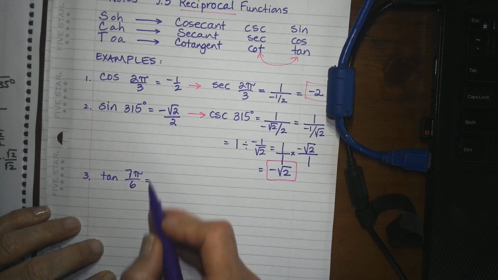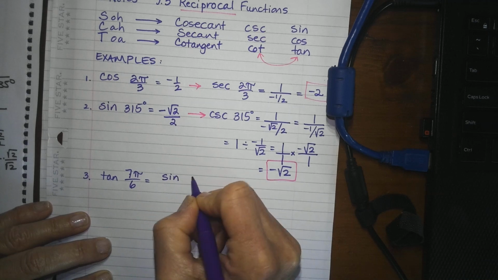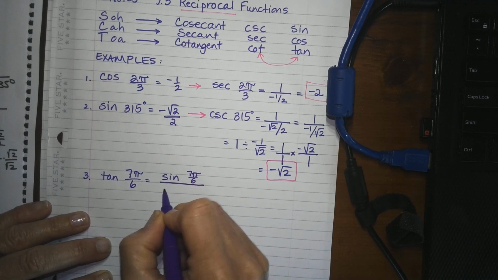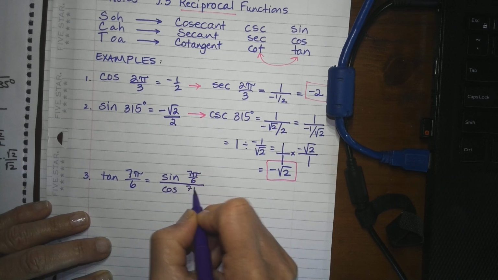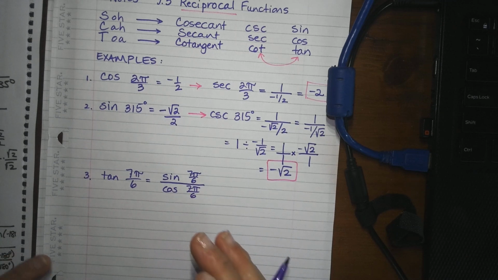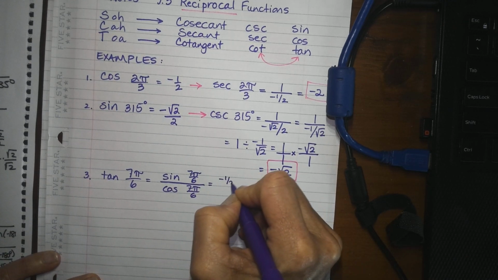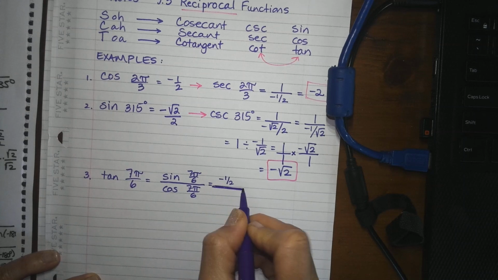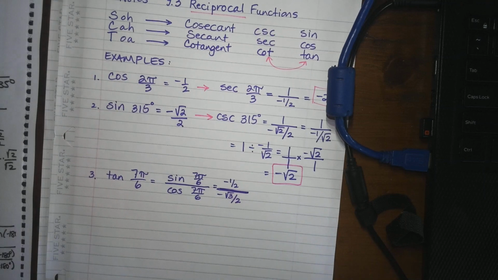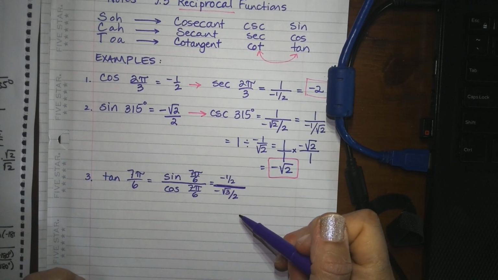So you can just do sine of 7π/6 divided by cosine of 7π/6. Using your unit circle, this is going to end up being -1/2 on the top. You're going to divide that by -√3/2. That's not going to be too bad, right? Some things are going to cancel.